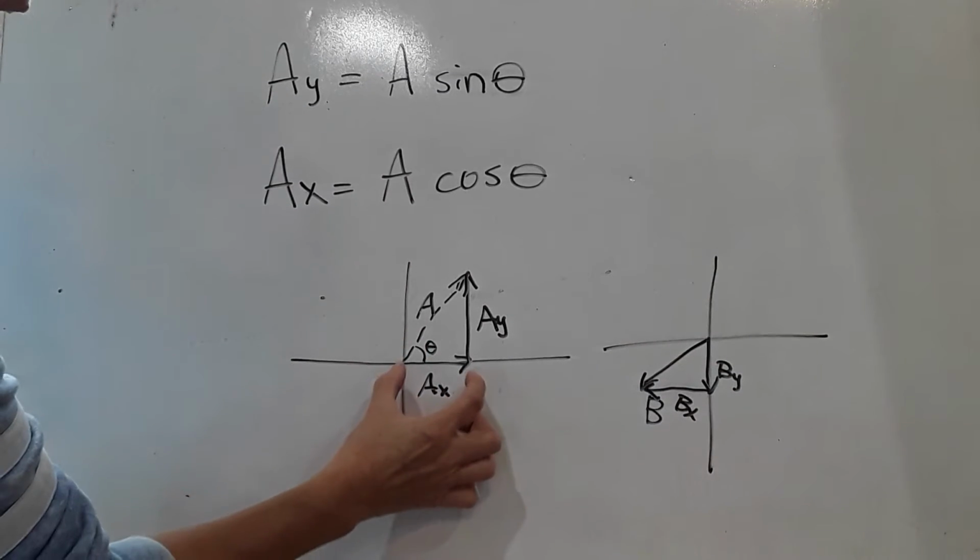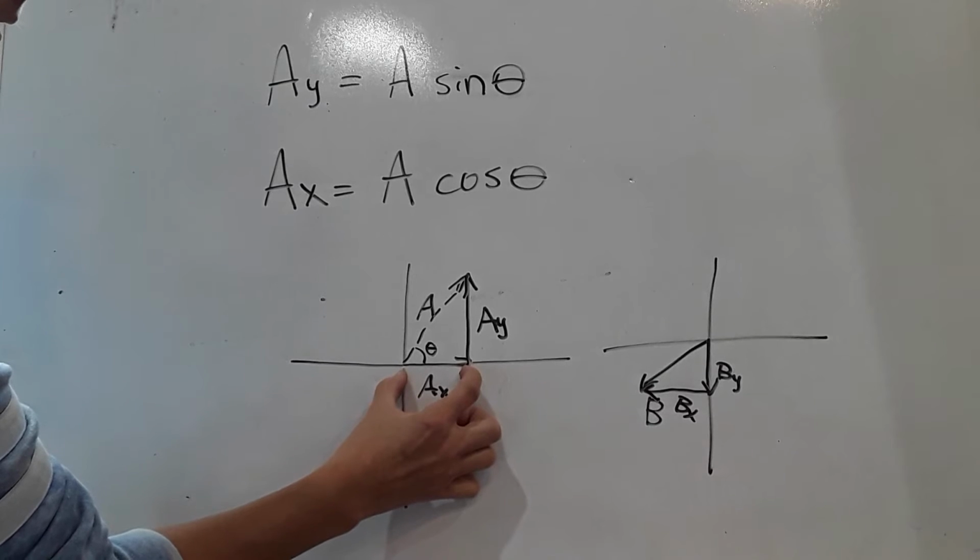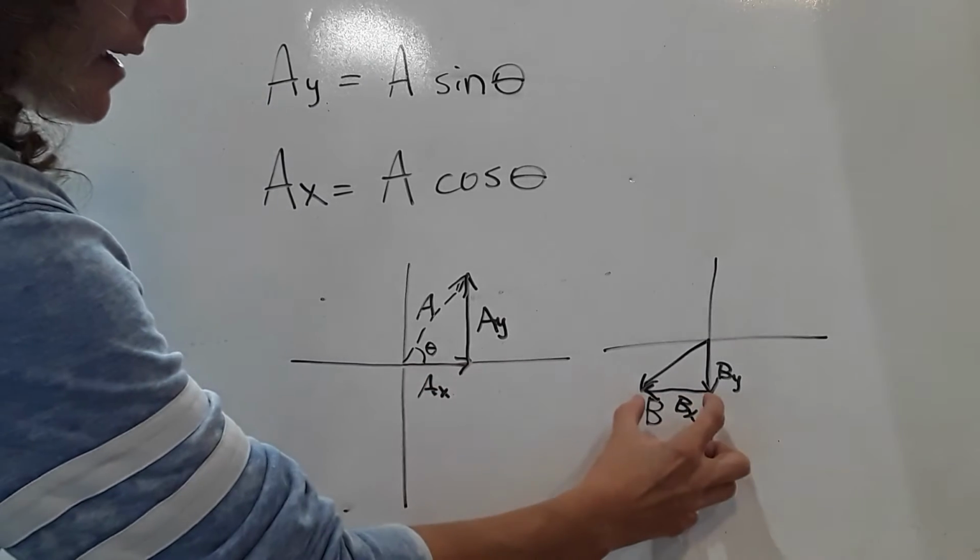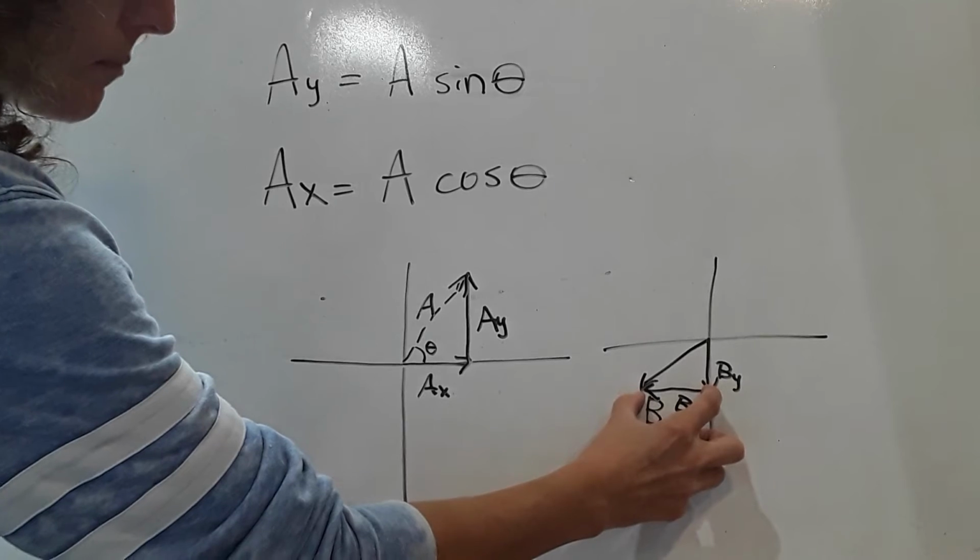So to do that, you're going to add the x component of A and the x component of B.